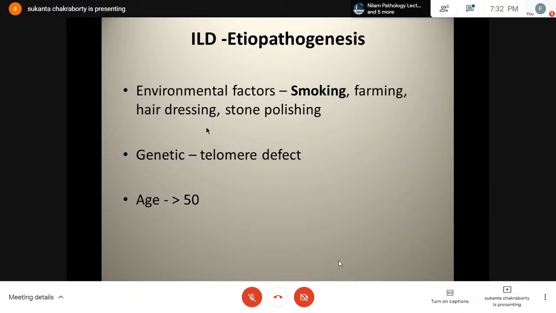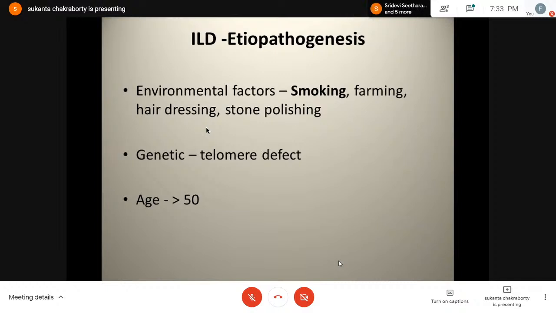These kinds of professions are closely related with interstitial lung disease. Then there are, of course, some genetic factors, because not all human beings with these environmental factors present with interstitial lung disease. So there is a telomere defect of the TERT gene. This TERT gene mutation is the most important genetic factor related with interstitial lung disease or ILD.